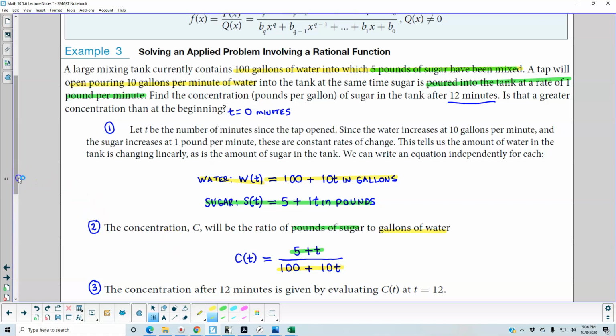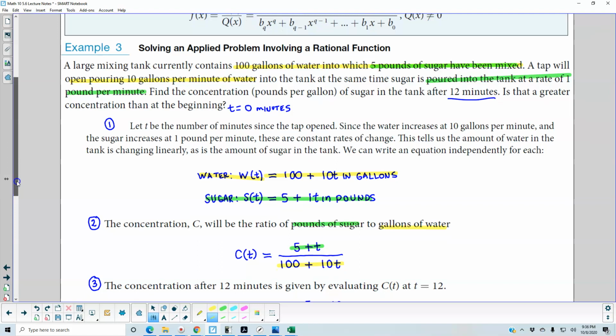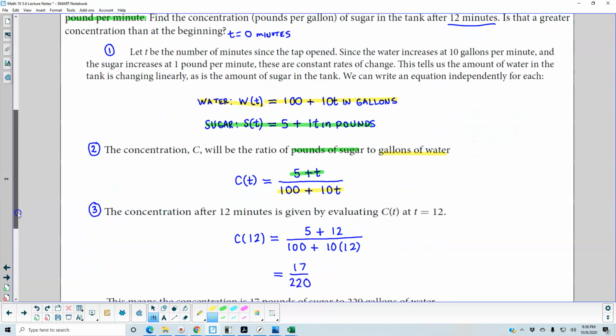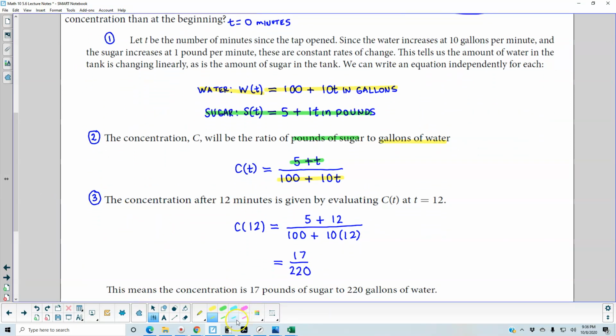Now that we have our concentration, we want to figure out what happens after 12 minutes. So we're going to substitute t is equal to 12 into our rational function.